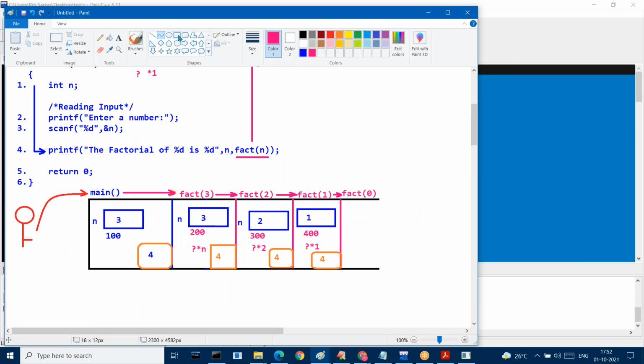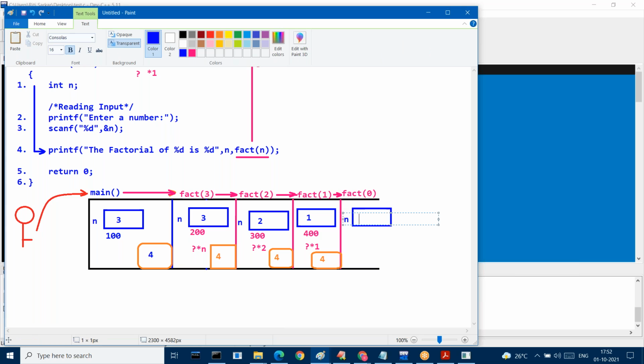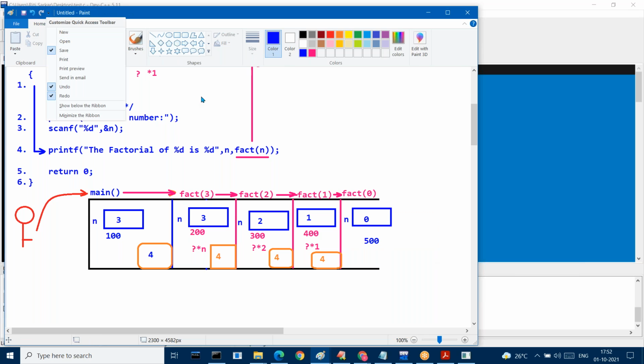Fact 0 started execution, receiving the n value as 0. N has some address, say 500. At the time of execution, he found that the n value is 0.